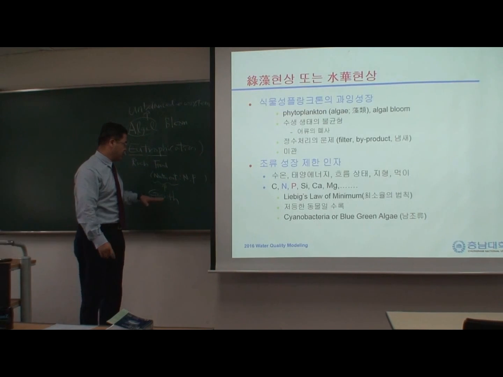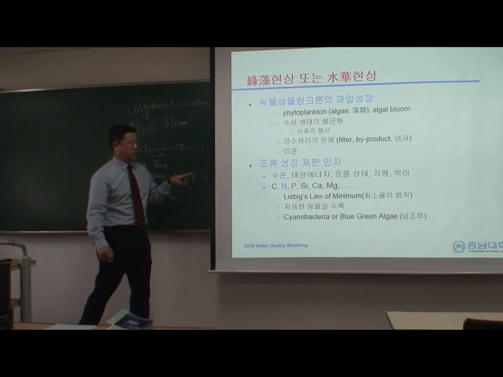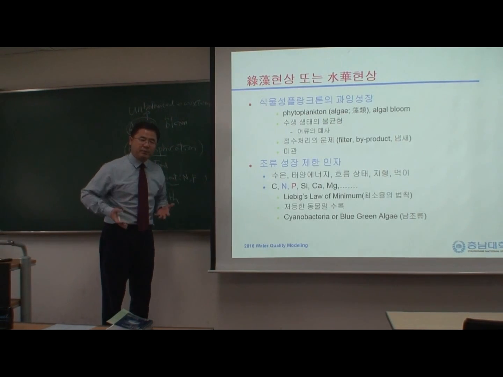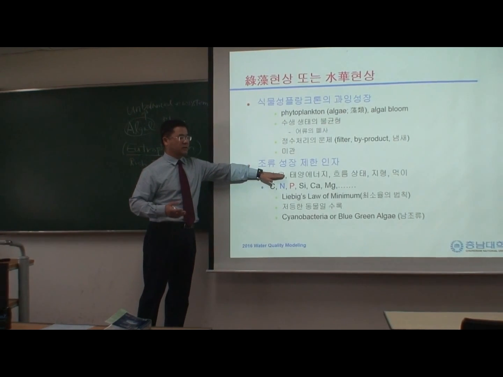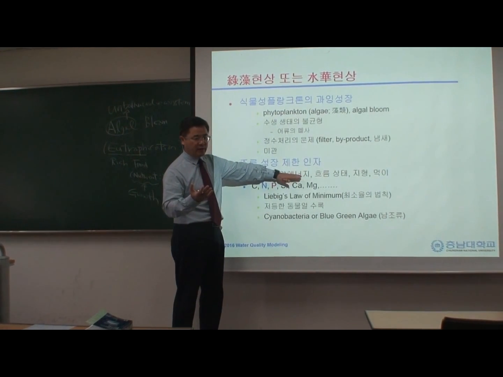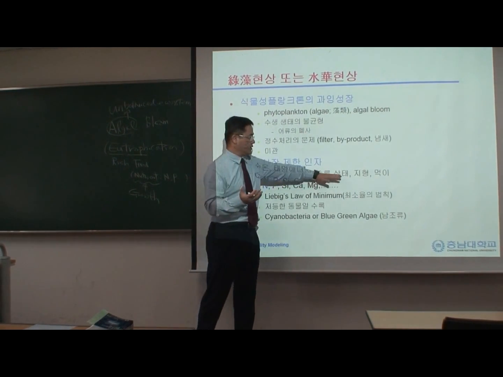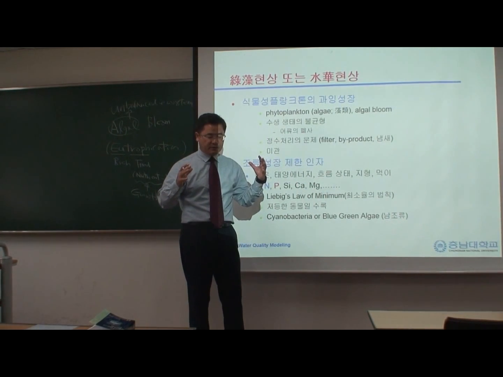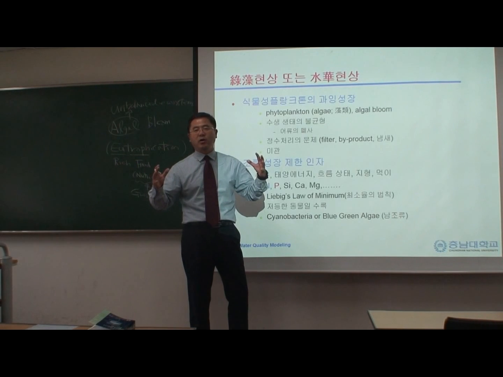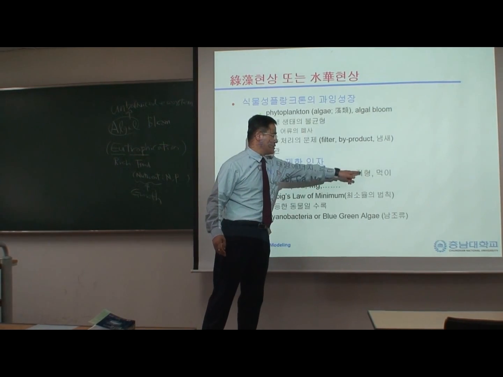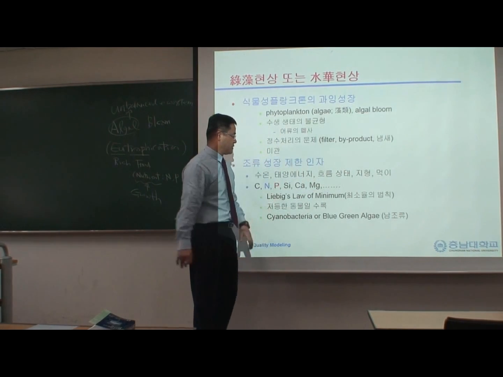That's the same story for phytoplankton as well. To help it grow, we need warm temperature and enough light energy. They like a calm environment, not very rapid and turbulent.